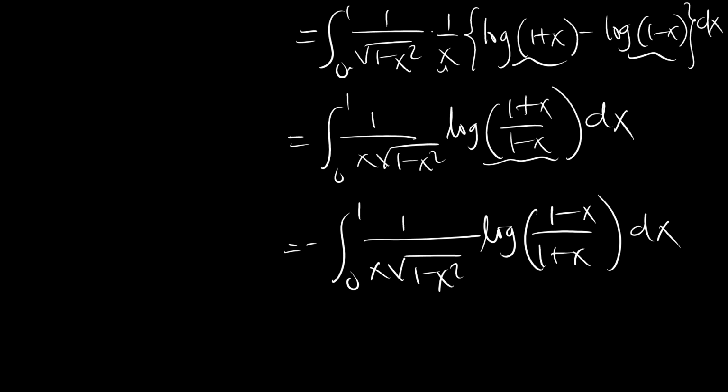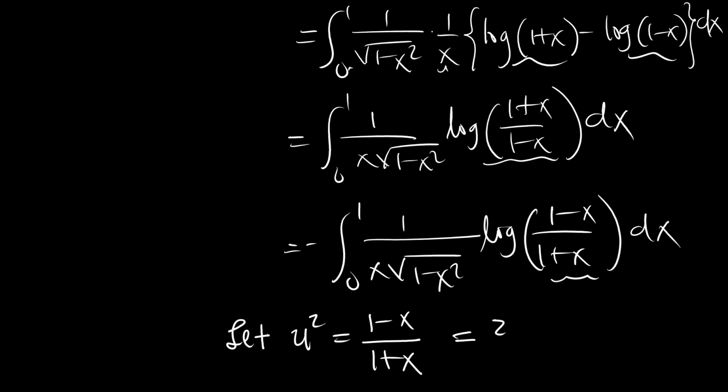I think the next thing is to try and substitute for that, and we'll say let u squared be equal to 1 minus x over 1 plus x, which is the same as 2 minus 1 plus x over 1 plus x, which is 2 over 1 plus x minus 1. Let's just focus.